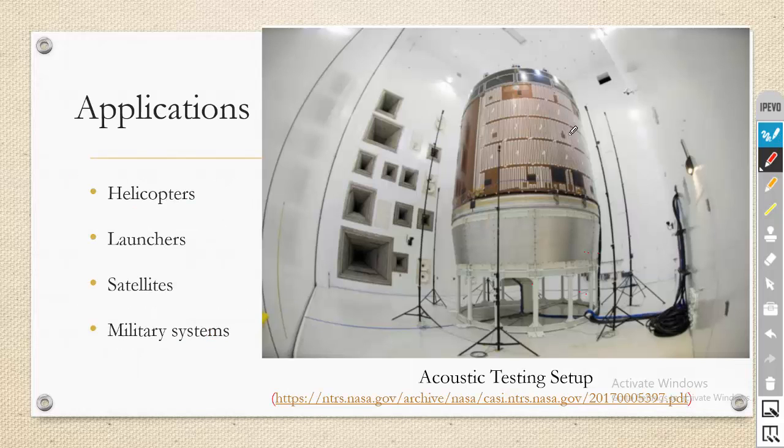This is the acoustic testing that is carried out at NASA. This vibroacoustic control strategy can be used for helicopters, launchers, satellites, and military systems. Wherever you need to reduce acoustic noise, you can use vibroacoustic control. This is the use of active vibration control for reducing noise.